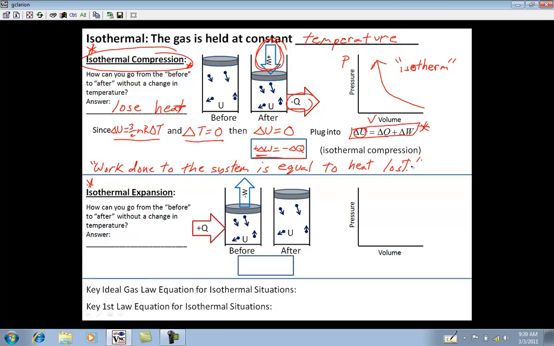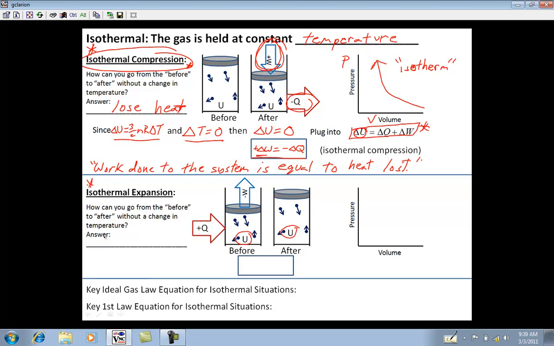In this process, we're going to add heat to the system, and that system is going to do work. How can I go from that situation where the internal energy remains the same before and after? How is that possible without a change in temperature? If the heat added equals the work done by the system.